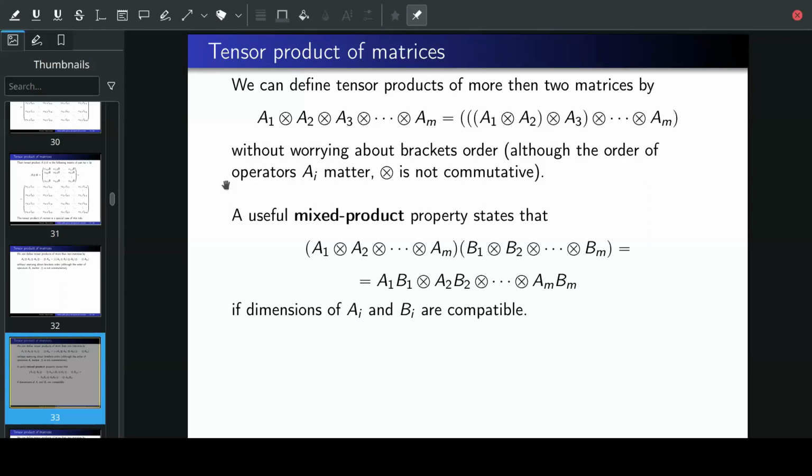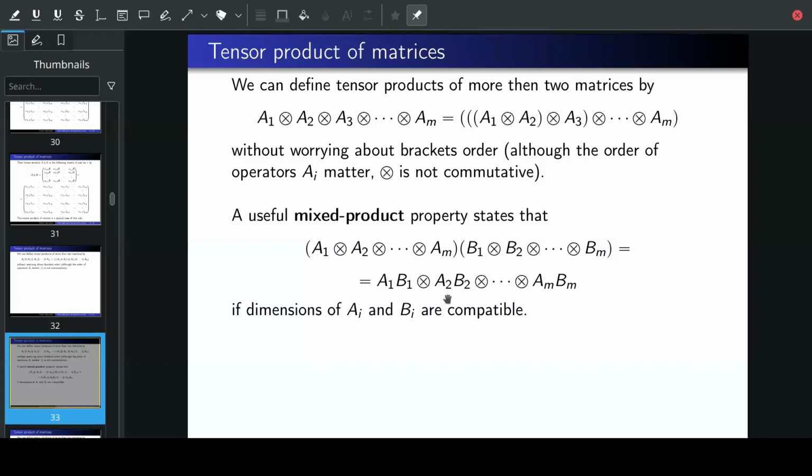There is a useful, so-called mixed product property of the tensor product, and it states the following. If we take one tensor product of matrices and a second tensor product of matrices, and multiply them simply as matrices by the usual matrix product rule, then it will equal the tensor product of matrix products.